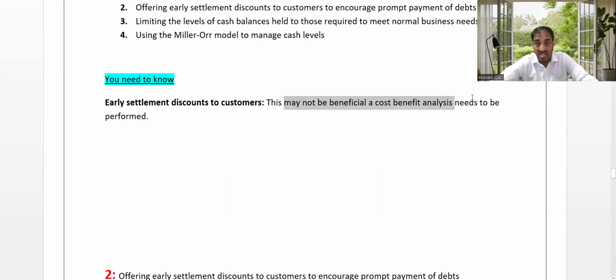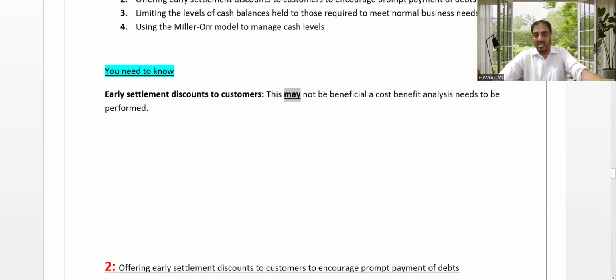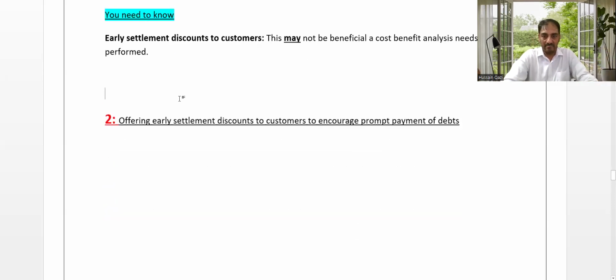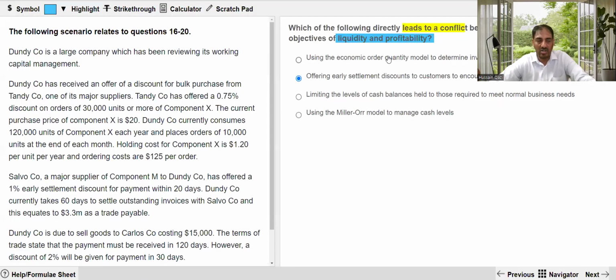Cost benefit analysis needs to be performed. The rest of the 3 points absolutely do not develop any conflict. But early settlement discount before the analysis may not be beneficial. So point number 2. That's a point.